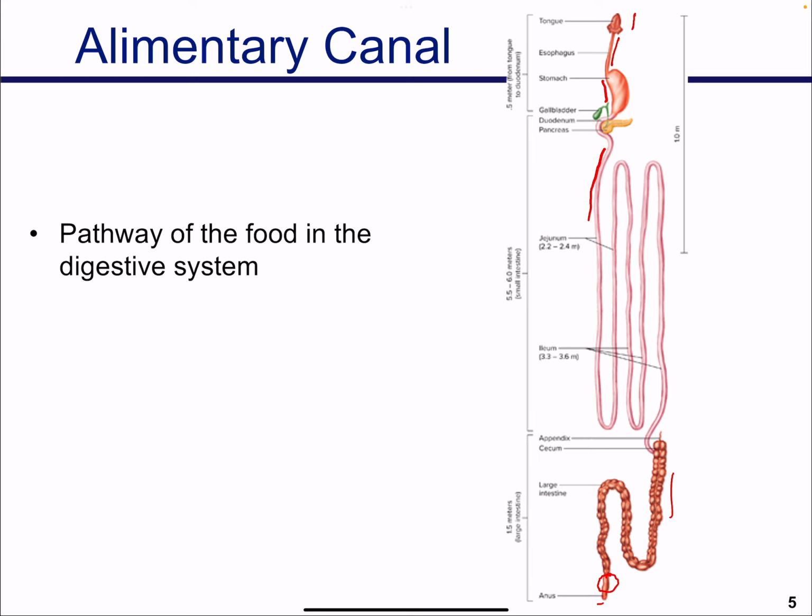Now, let me say this. We call food anything that is on your plate for you to eat. Once it goes in your mouth and you start the mechanical and the chemical digestion process, at that point, what was food on your plate is not food anymore.